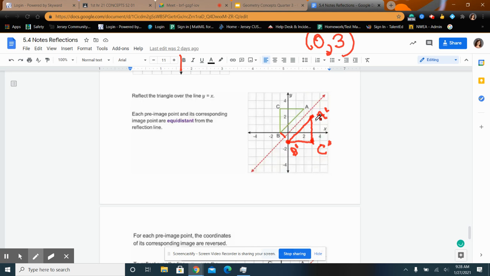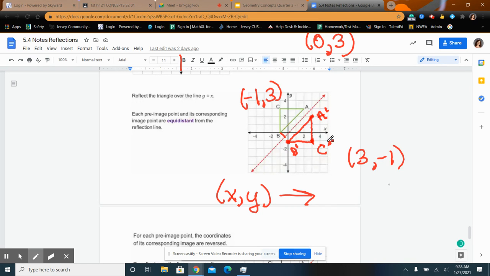But here is the amazing thing about the code on these. Take a look at what happens. X, Y actually becomes, I want you to see if you can figure out what the code would be. This point was -1, 3. Guess what its matching point was? 3, -1. A was at 2, 3.